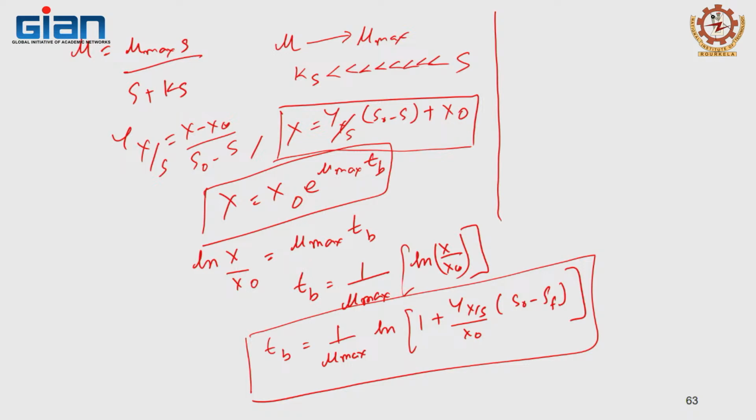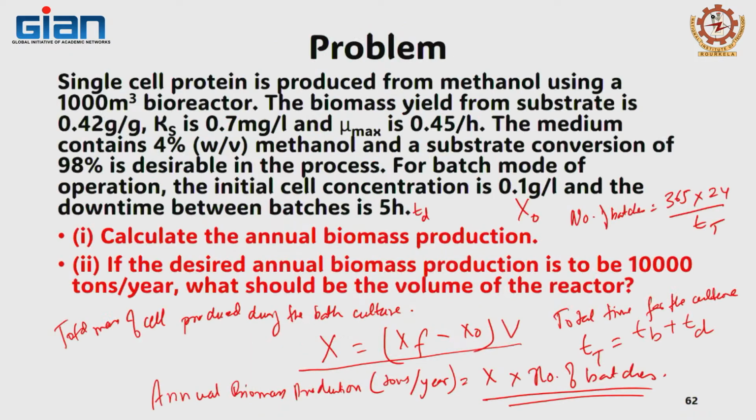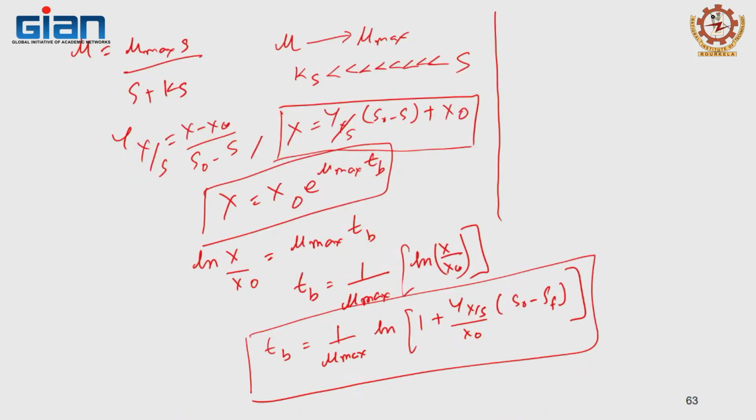If we go back to the question, what would be your S naught or S initial? 4% weight by volume methanol, and a substrate conversion of 98% is desirable. So, your S initial or S naught is 4% weight by volume.